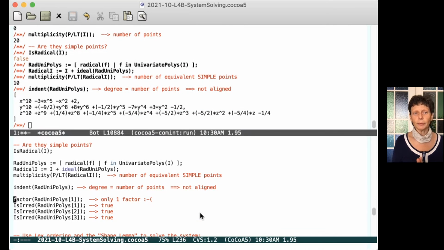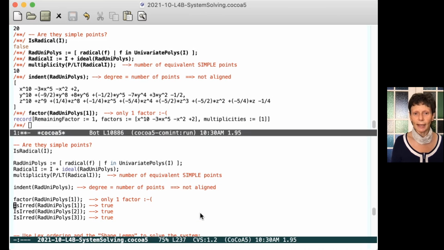Okay, then I compute the univariate polynomials. This time I'm lucky because there are no aligned points. Each of the univariate polynomials has degree 10, so I can find the roots, the 10 coordinates of the points. And then I computed the factorization, and nasty surprise.